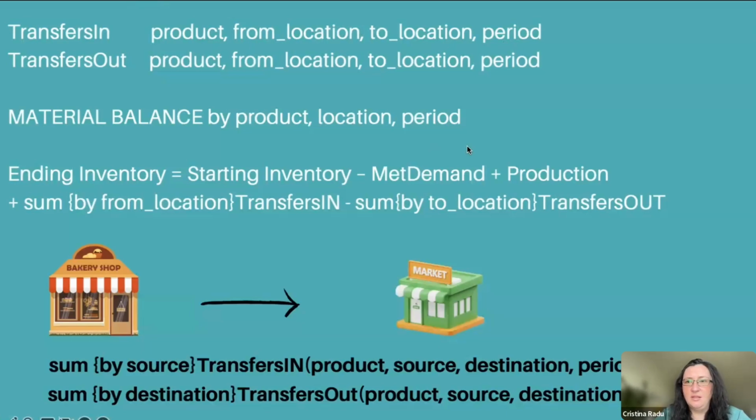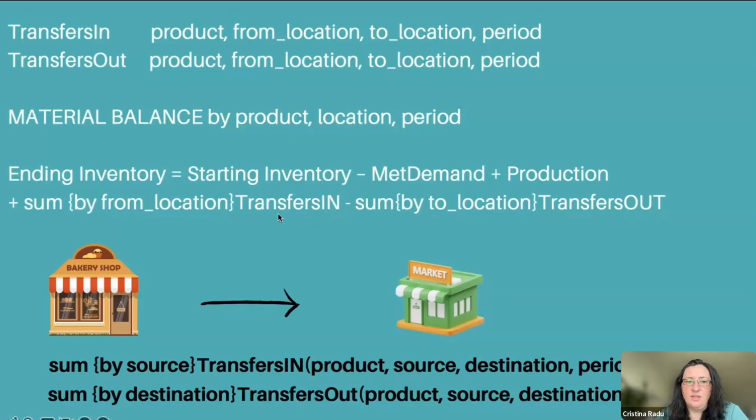Basically, the only thing you need to do is add them in the material balance, but there is a little twist because you need to sum them. Material balance is by product and location, but here we have two locations, so you need to restrict the dimensionality, which means you need to sum on one of the dimensions.